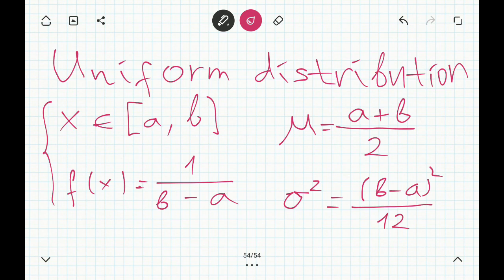Okay, so if we look at our previous example, when you come to the campus somewhere between 1 p.m. and 2 p.m. randomly and uniformly, then the mean time of your coming to campus would be 1:30, the center of your interval, and the variance would be 1 over 12 hours.